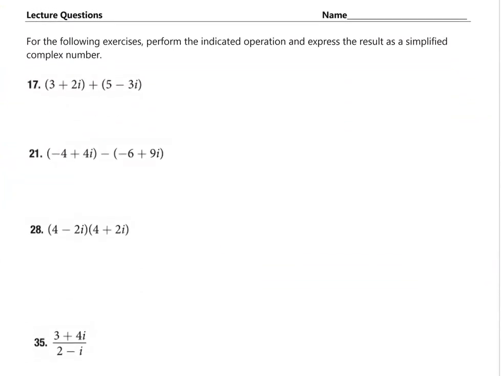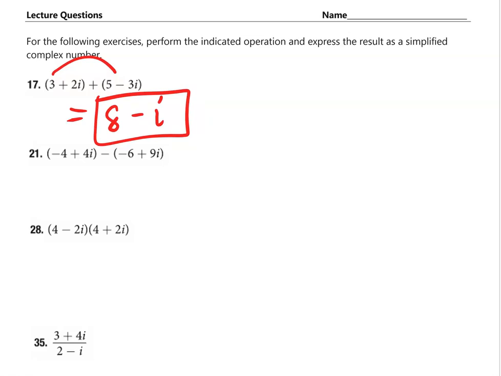Alright, let's work on some lecture questions here. For the following exercises, perform the indicated operation and express the result in simplified form. So let's do this: 3 plus 2i plus 5 minus 3i. Combine like terms and write it in standard form. 3 plus 5 is 8, 2i minus 3i is negative i. So this is the answer.